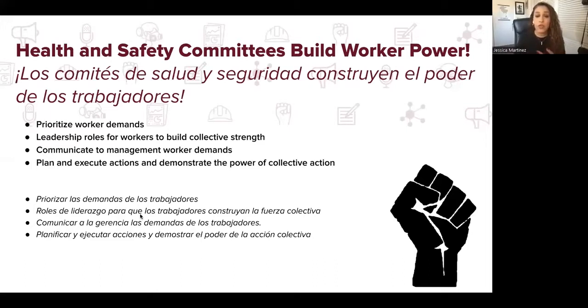It also allows for creating leadership roles for workers to build collective strength. It is also a way to communicate to management that workers demand safe, healthy work environments. And you can also plan and execute actions to improve workplace safety and demonstrate the power of collective action to win even broader change.